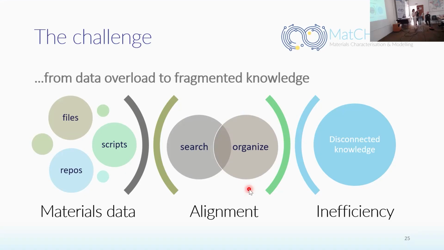We started from a state of affairs that is fairly familiar to us, meaning large amounts of data scattered in different places and in different formats. Researchers, as you have seen, use a lot of data to do their work, and they usually face this challenge of data overload and fragmented knowledge.